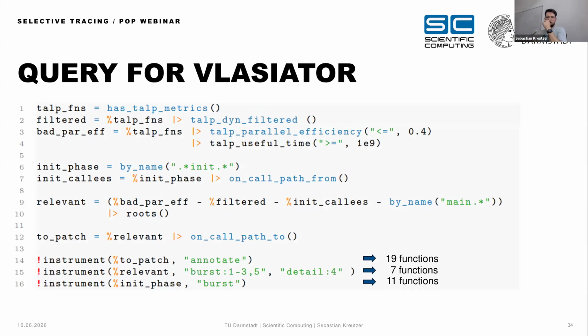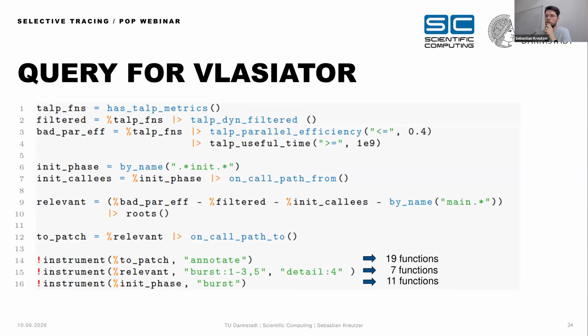So this is the query we came up with for this case. First we find the functions that have metrics attached from the generated profile, and then only consider the ones that are not filtered out. Then we filter by the parallel efficiency, excluding those that are below 0.4 in terms of parallel efficiency, and have a minimum useful time of, I think that's one second.